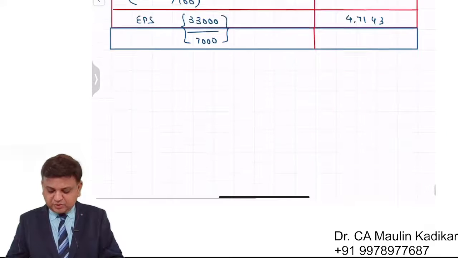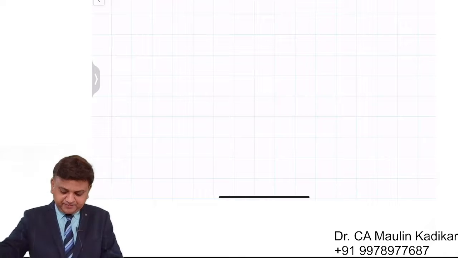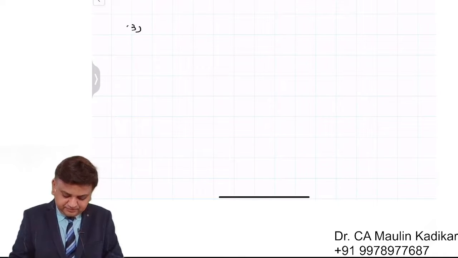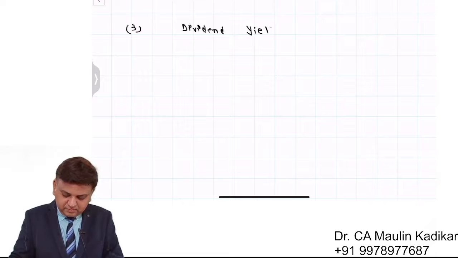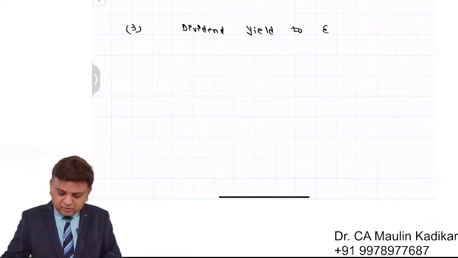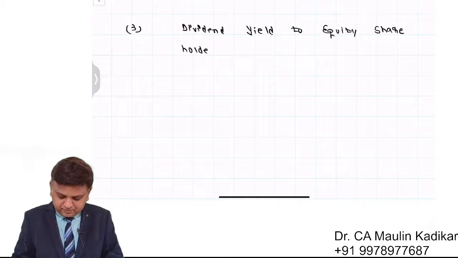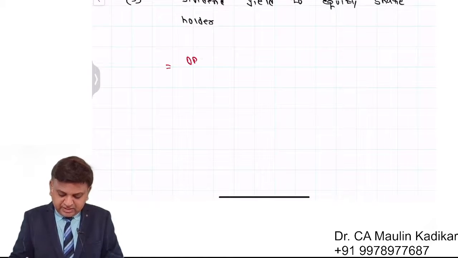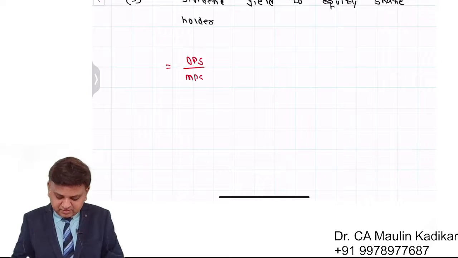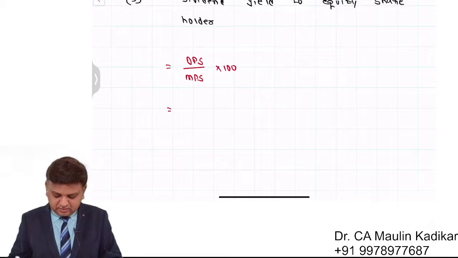So we are supposed to make the calculation of the answer in this way. Answer for the third question: dividend yield to equity shareholder will be found as DPS upon MPS into 100.